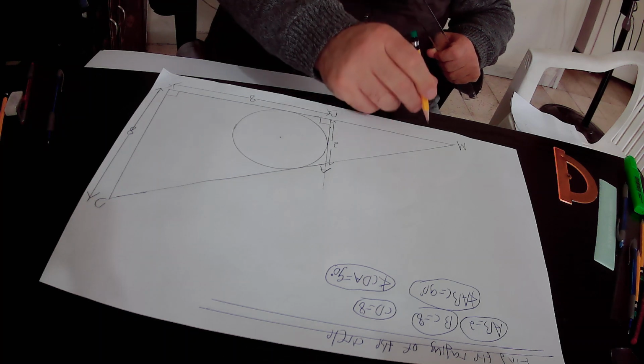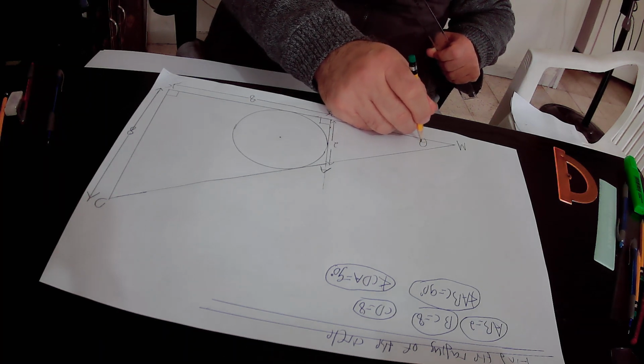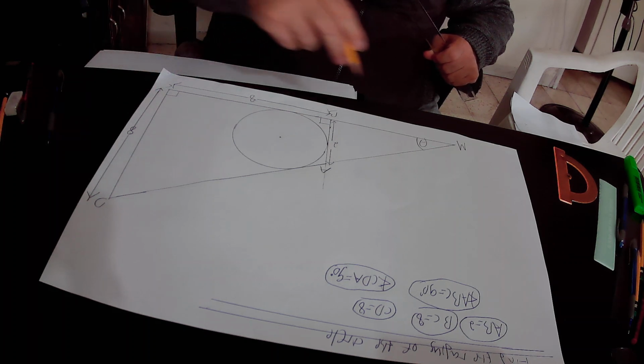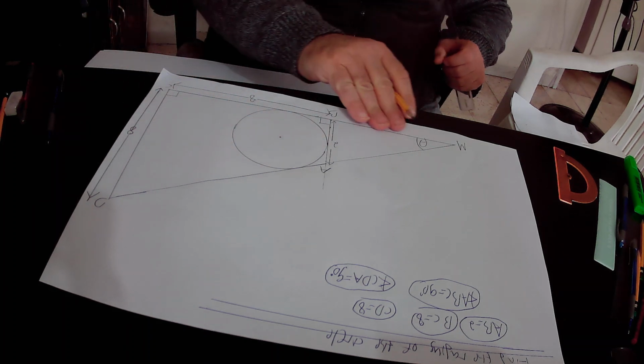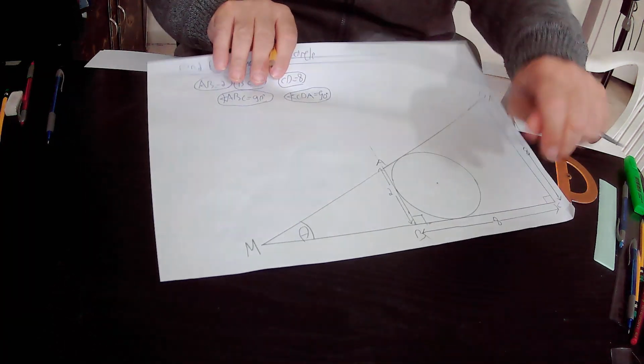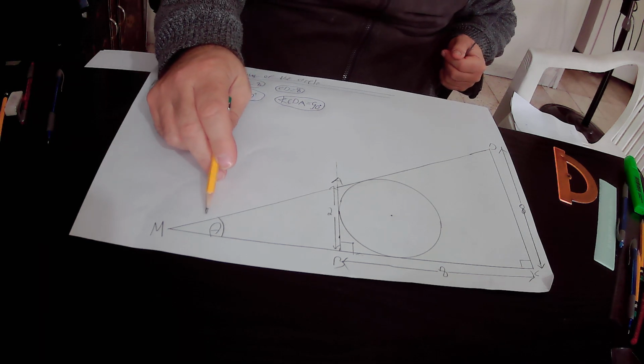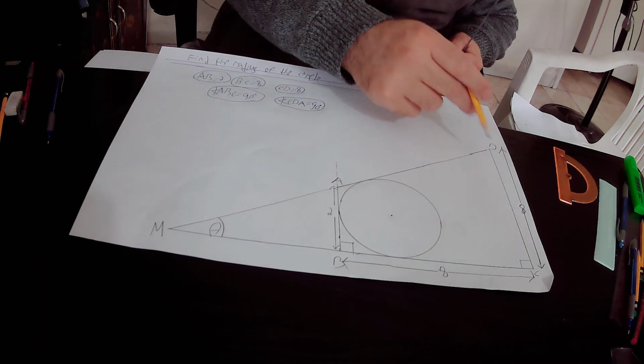We define this angle as theta. We will focus on the right big triangle, triangle DCM. On this big right triangle, triangle DCM, this angle equals theta, this angle equals 90 degrees.